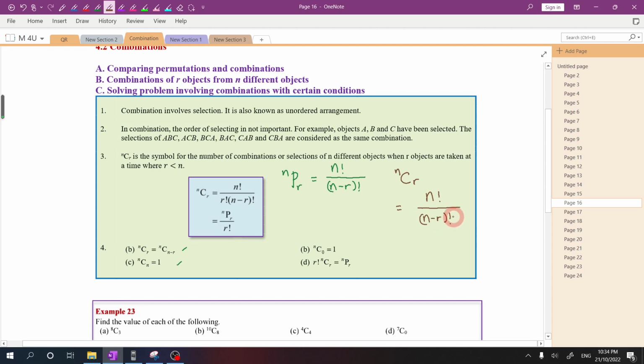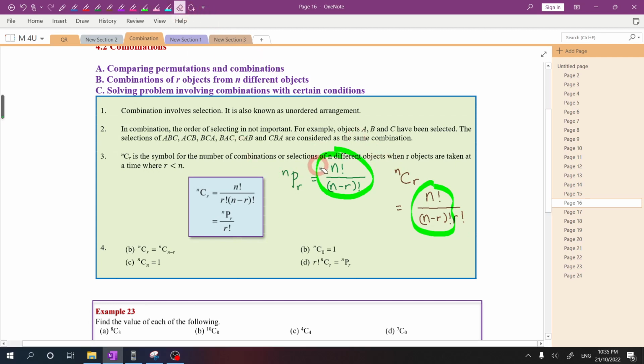But since the order of arrangement is not important, we need to divide it by r factorial. Okay? Now, let's look at these few properties. So just be more careful. This and this are the same, but because in combination the order of arrangement is not important, that's why we need to divide by r factorial.